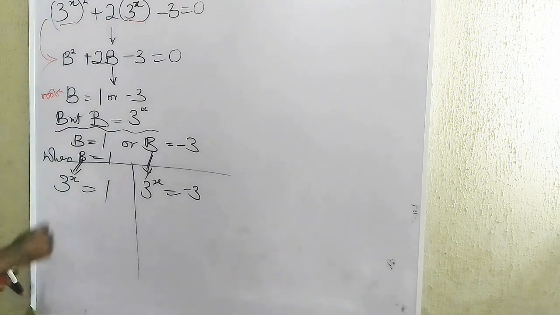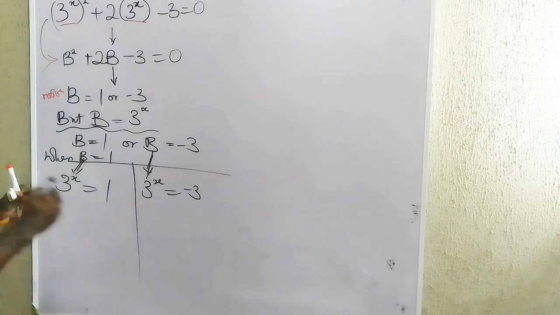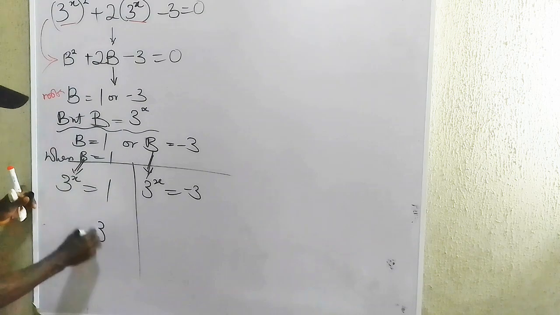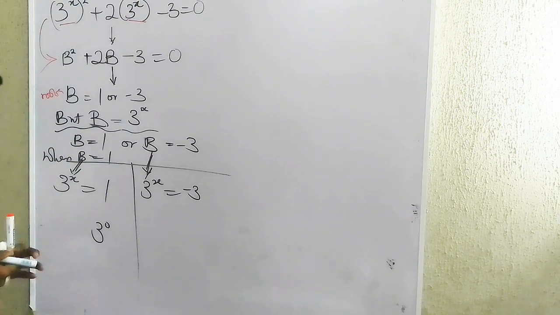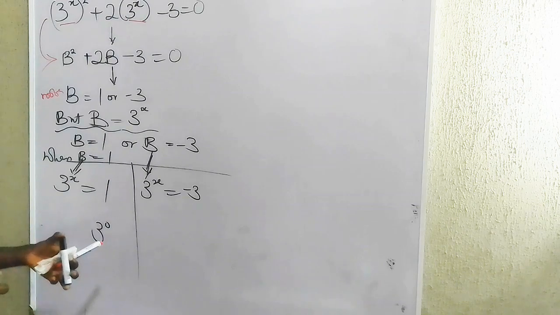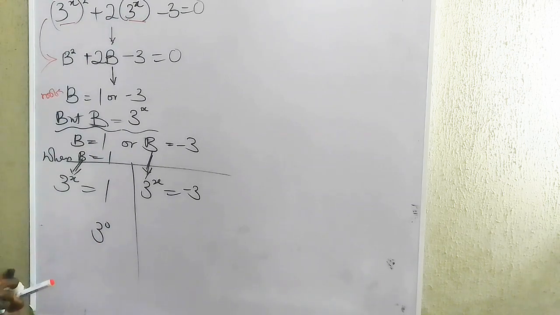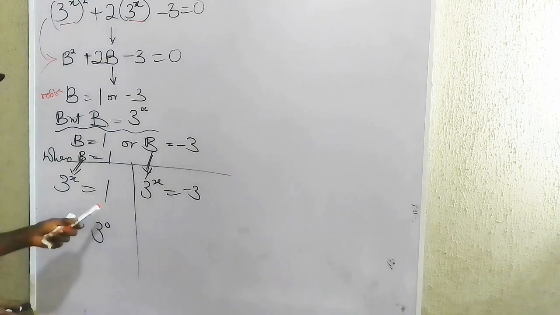This means 1 is the same thing as 3 raised to power 0. Remember the zero power rule in indices, that any number whatsoever raised to the power of 0 equals 1.